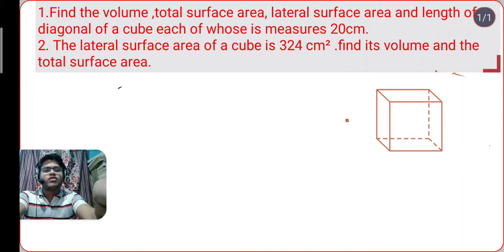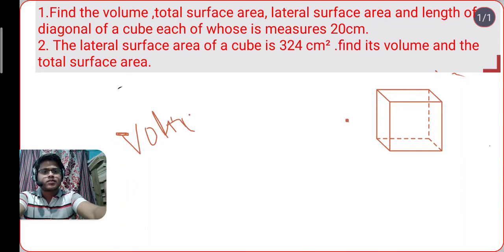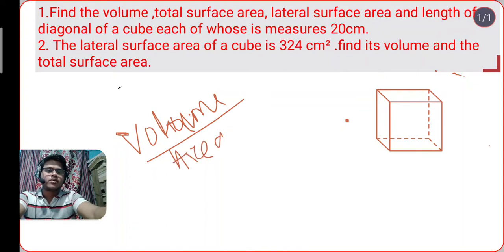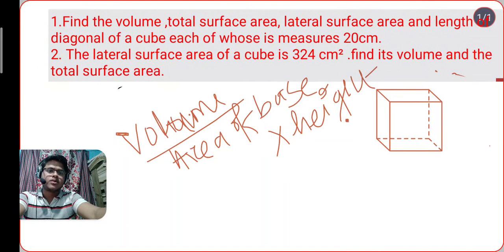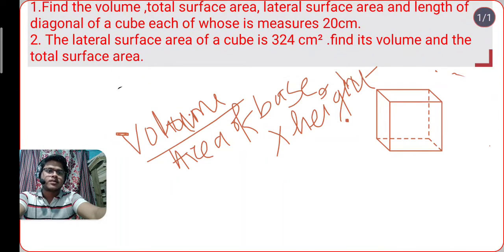So to calculate the volume, what is the formula we have to follow? Area of base into height. So what is the area of the base?